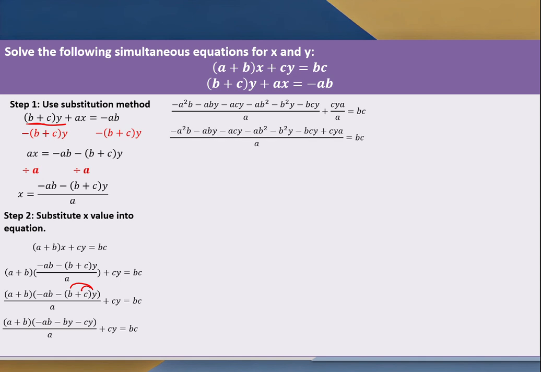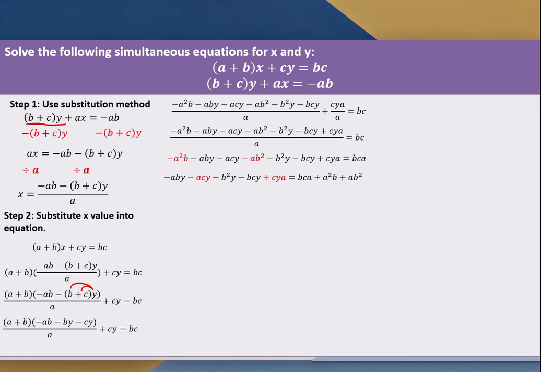Because I've made it one fraction, it makes it so much easier to deal with this, because I can then times both sides by a, and I've got no fraction. So now I've expanded the top and I've got rid of my fraction. The next step that I'm going to do is look at what I can see. So at the moment, I've got negative a squared b and negative ab squared with no y. So I'm taking that to the other side.